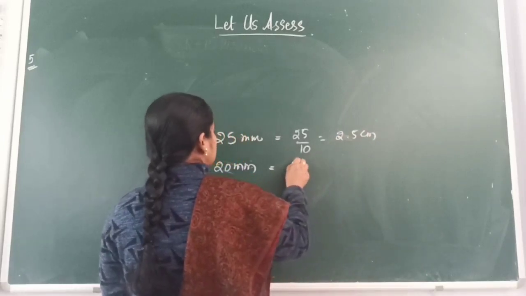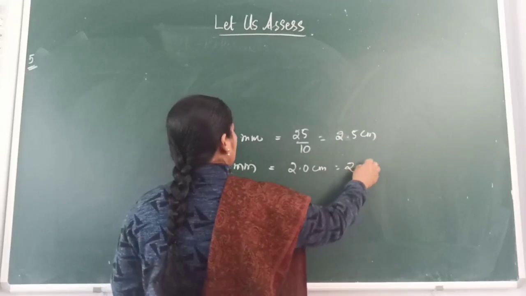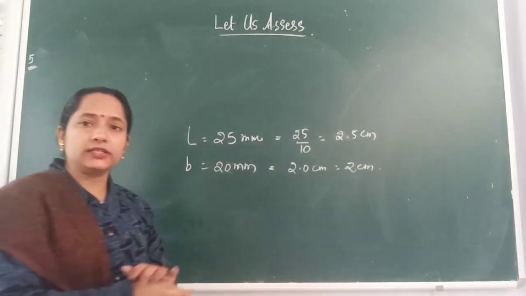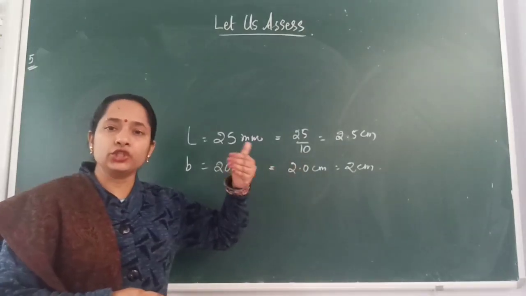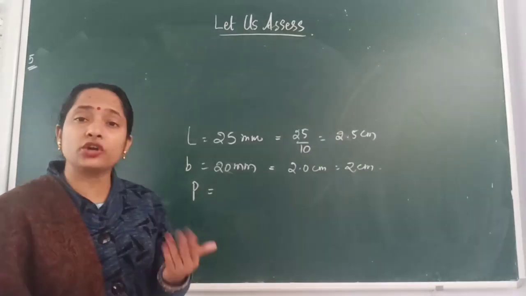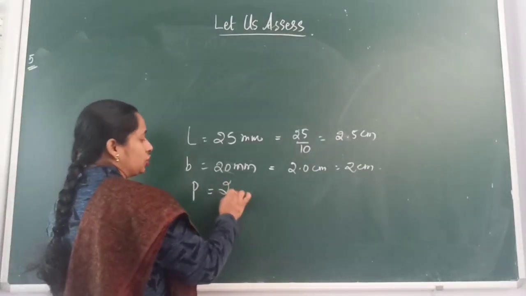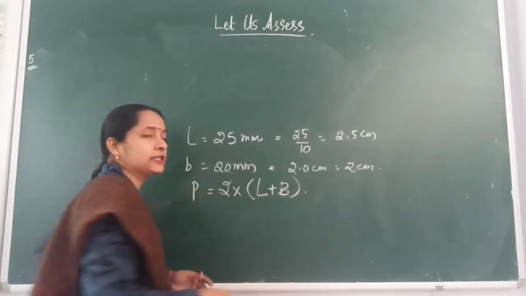And here you get 2.0 centimeter, that is 2 centimeter, isn't it? Now after converting the given length and breadth into centimeter, then find the perimeter. What is the formula for perimeter of a rectangle? That is 2 multiplied by length plus breadth, isn't it?